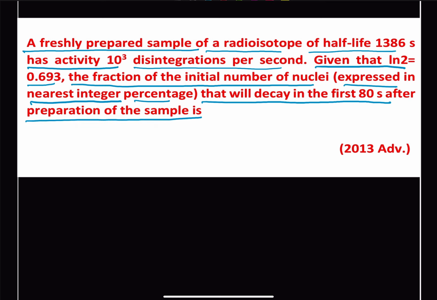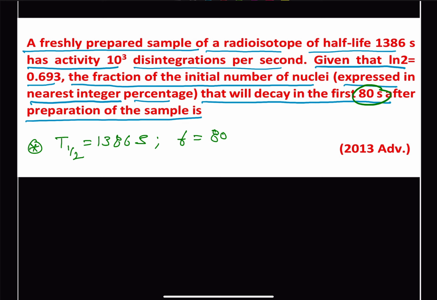So the half-life of the sample is given. We can say the half-life, T half, is 1386 seconds, and the time elapsed is 80 seconds. So the value of t is 80 seconds, and we have to find the fraction of the decay.